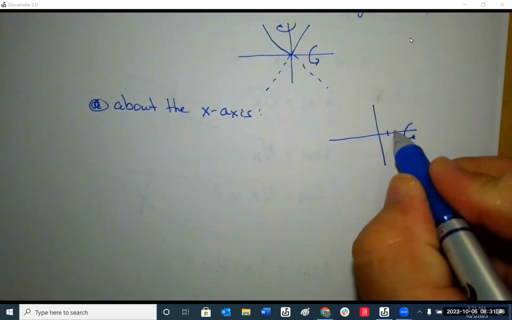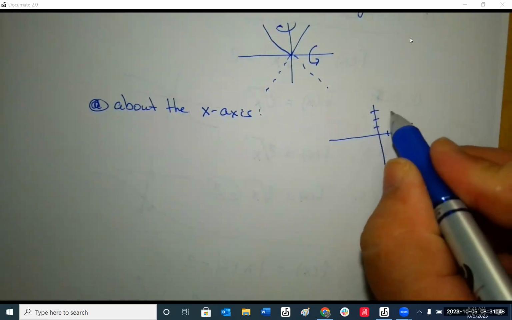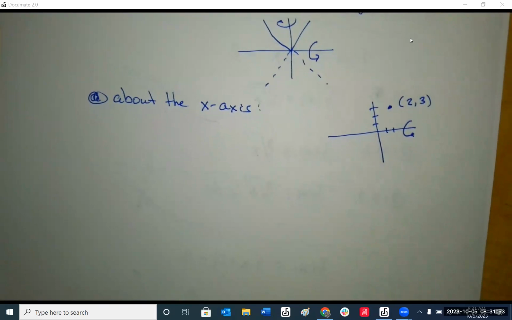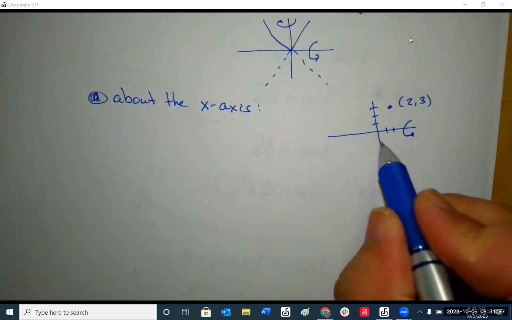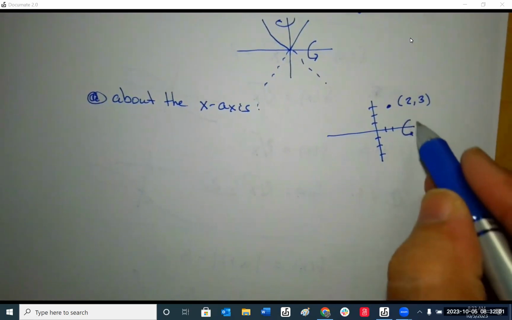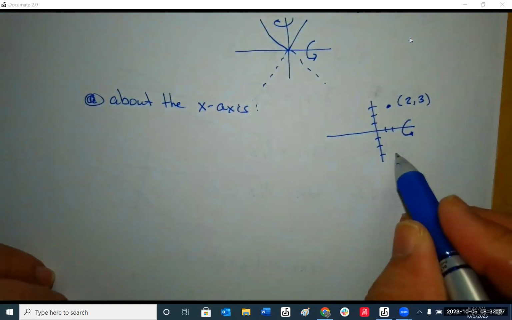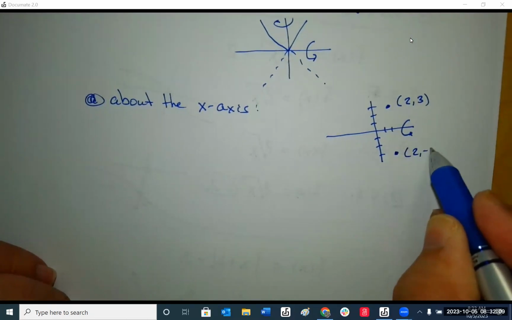In other words, if I had this point here at 2, 3, what would be its mirror image across the x-axis? No, because remember, the x-axis is horizontal. I'm just taking this top and just folding it down. So it would be +2, -3.